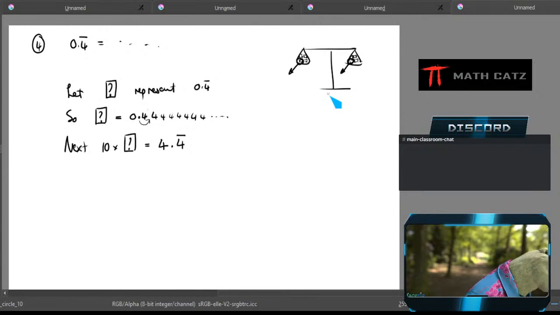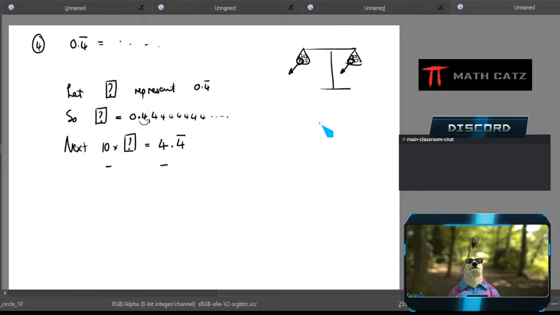Everything's still going to be balanced because I took the exact same amount on both sides. Everything's balanced. So that means if I subtract the same thing on either side, then the equal sign is still good. Everything is still in balance. The equal sign means balance.